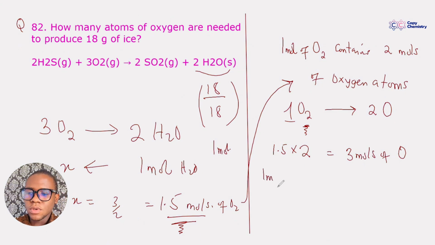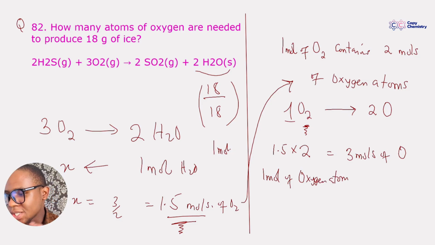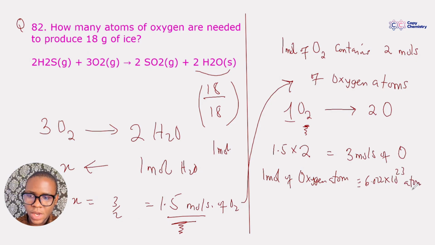Now, 1 mole of oxygen atoms, that is the quantity of oxygen atoms, contains plenty of small atoms inside. So how many exactly? It's actually 6.022 times 10 raised to the power 23 atoms. That's how many atoms 1 mole of oxygen atoms contains.